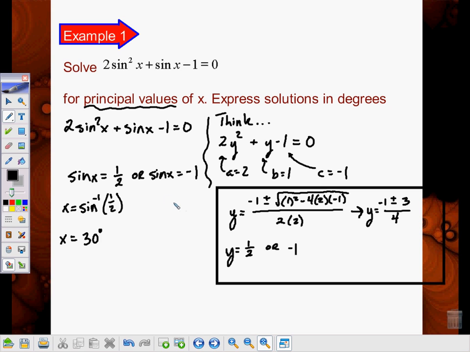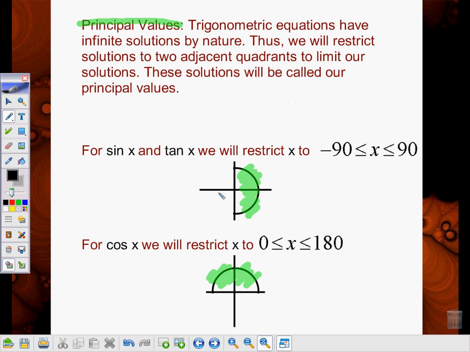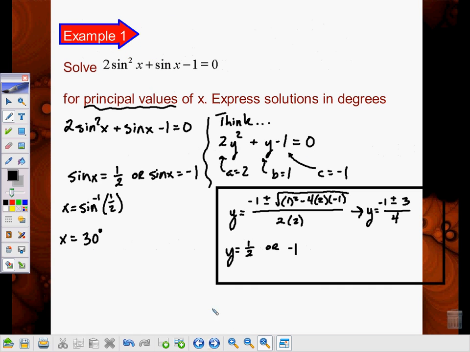The other possibility is the sine of x equals -1. Well, sine is negative between these two quadrants in the fourth quadrant, and that would be all the way down here at -90 degrees. So I can write x is equal to the inverse sine of -1, so x equals -90 degrees.